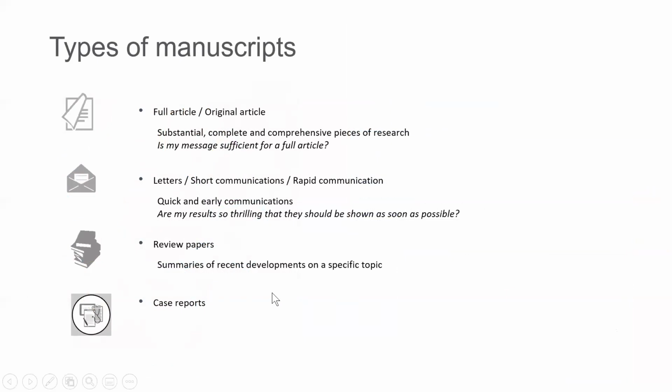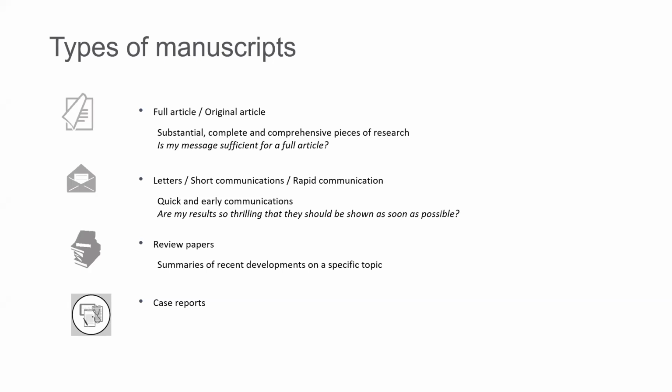Okay. The aims and the scope will also give you information about the type of manuscript that it will publish, right? So whether it is a full article, which is also sometimes called an original article, also letters and short communications or rapid communications. So often it is necessary to get your publication out very quickly in a shorter format.